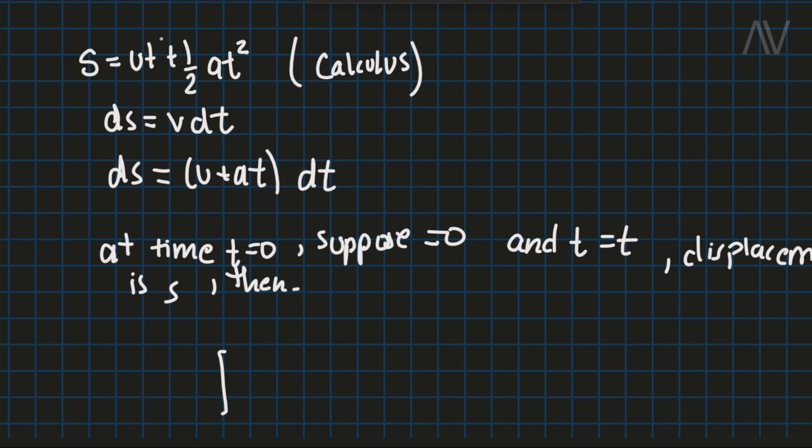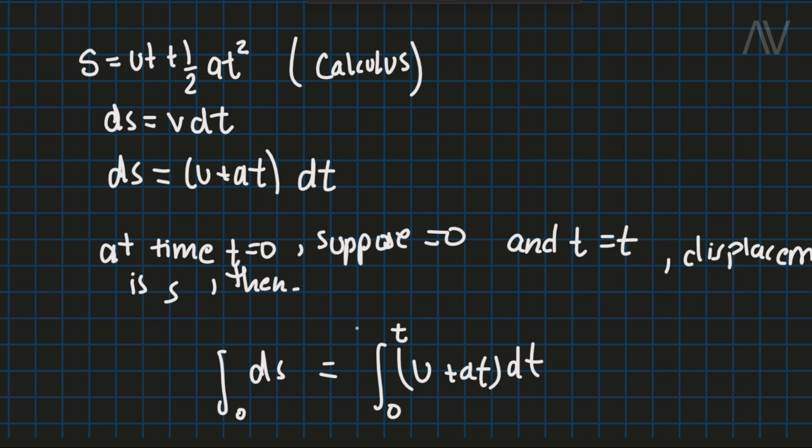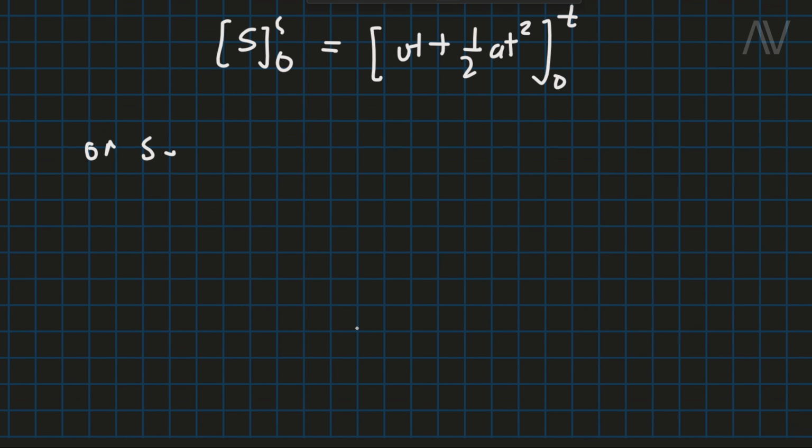Integrating both sides, ds and (u plus at) into dt. So when time is equal to 0, we know that the displacement was also 0, and when time was equal to t, the displacement was equal to s. By this we get s is equal to ut plus half at square.